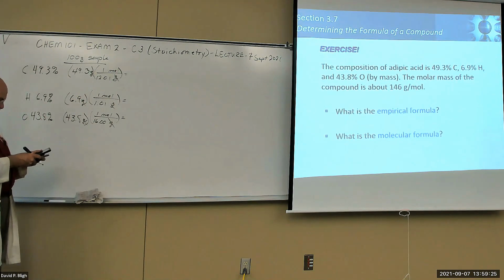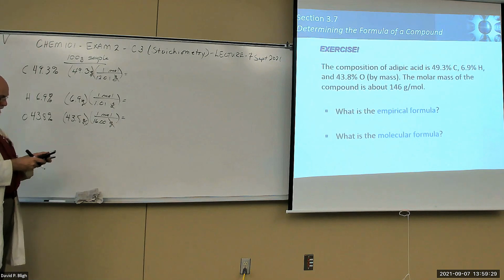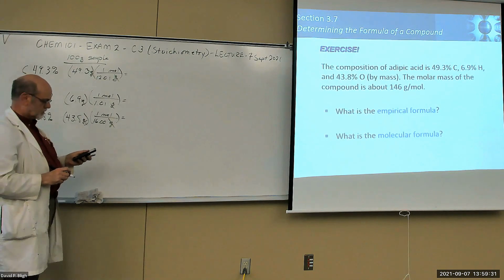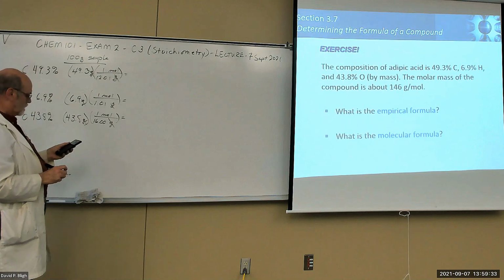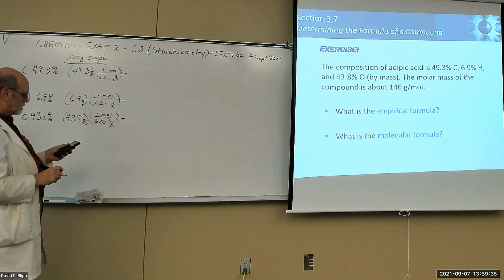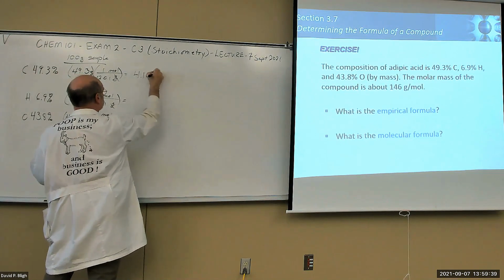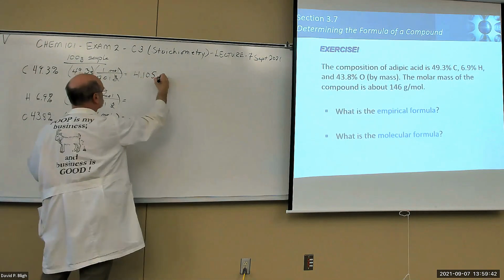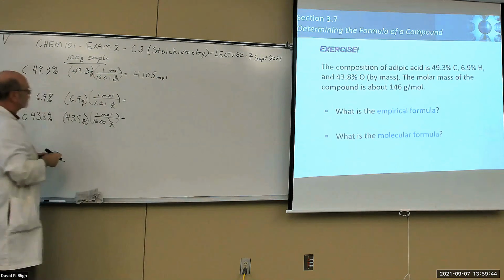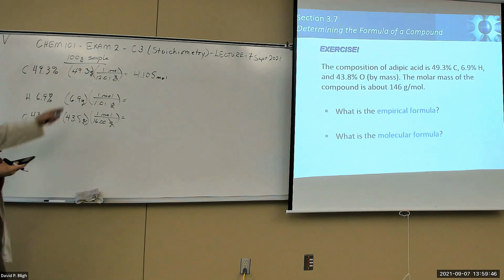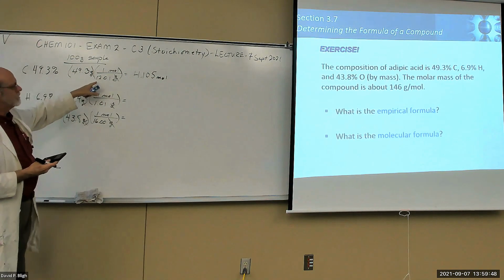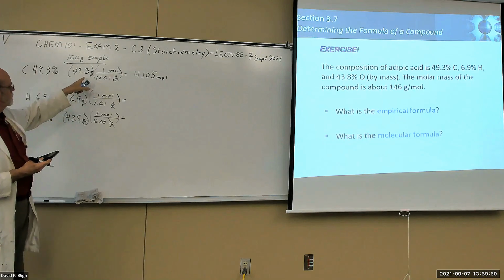So 49.3 divided by 12.01 is 4.105 moles. Did I do that right? 49.3 carbon. Yeah, okay.